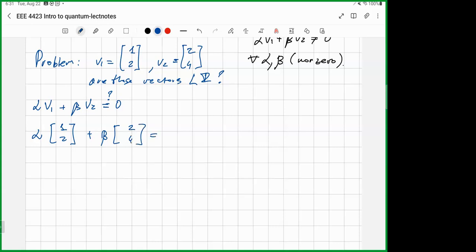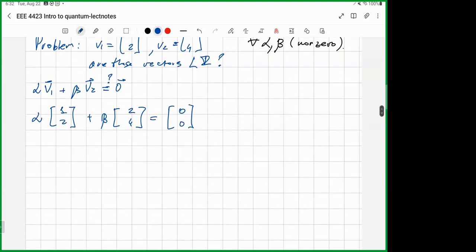So we have a vector on the left, we must have a vector result on the right. So this 0 is not just 0. This is the zero vector, as we discussed in the beginning. So it's supposed to be a vector with components 0, 0.